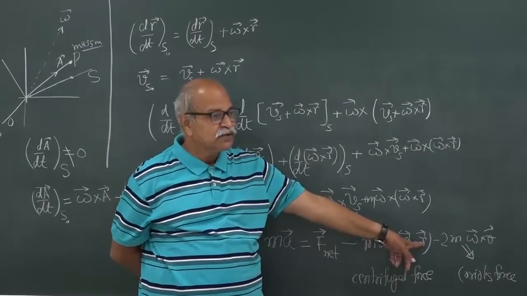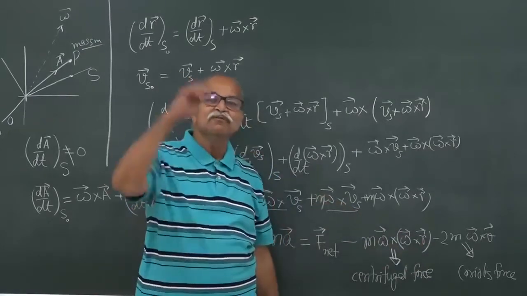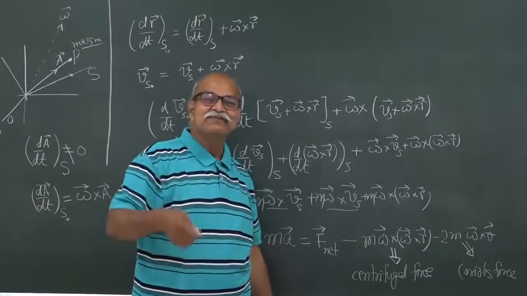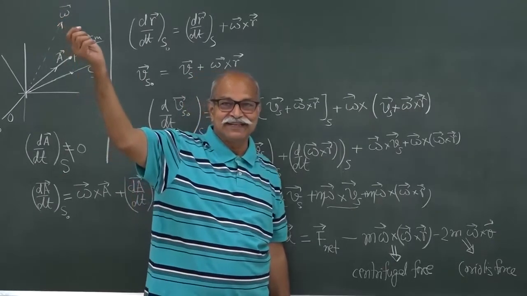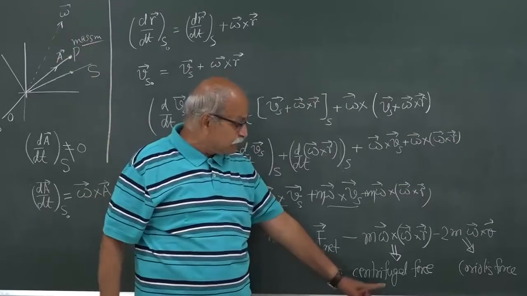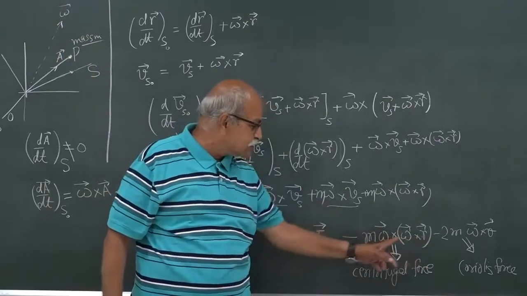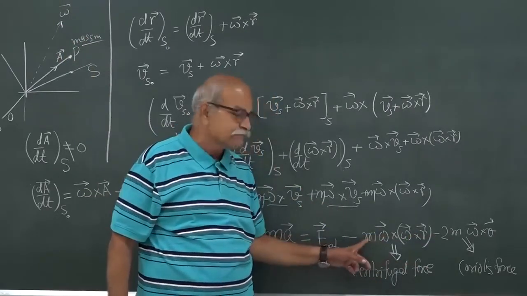A very common misconception is, if a particle moves in a circle, then you have centrifugal force, m omega square r or m v square by r. Now, the centrifugal force has no reference to the velocity of the particle.